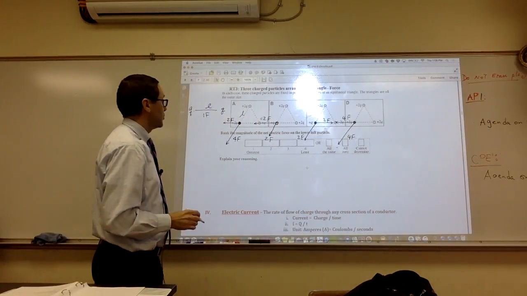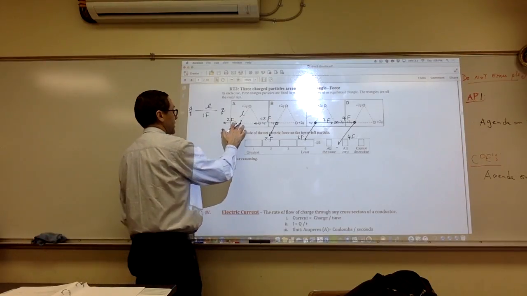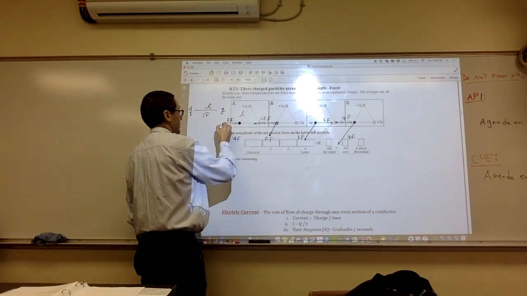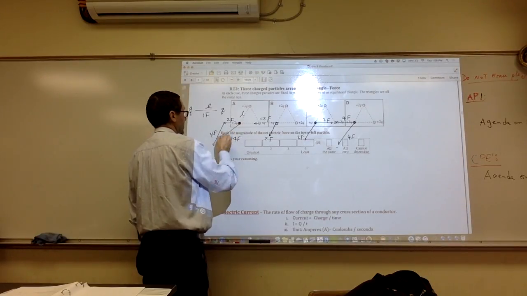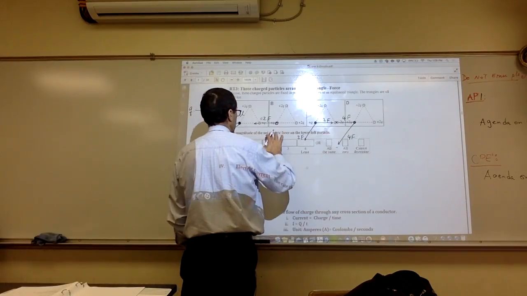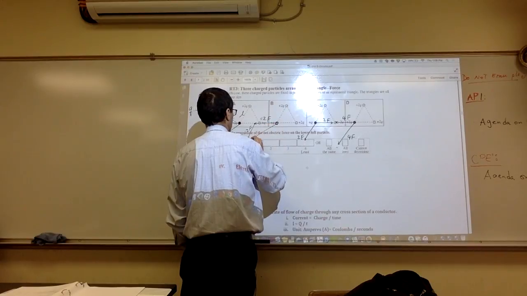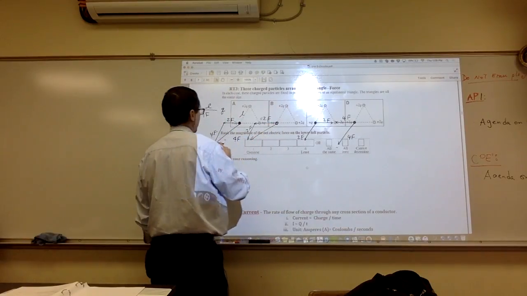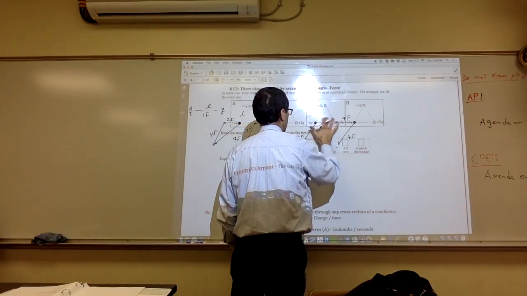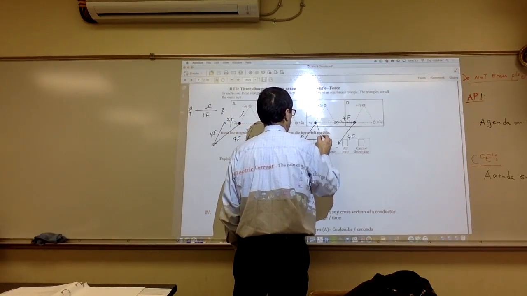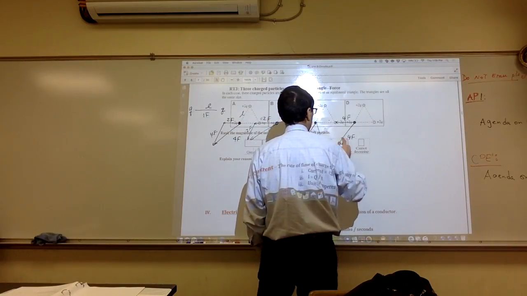So let's see which one is going to give us a bigger combination. So if I take 4F and I put it here, I get this as the net force. For 2F here, I get this as the net force. And here, if I put this here, I get a smaller force.